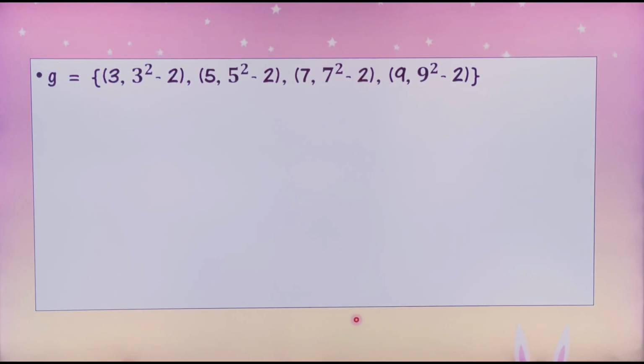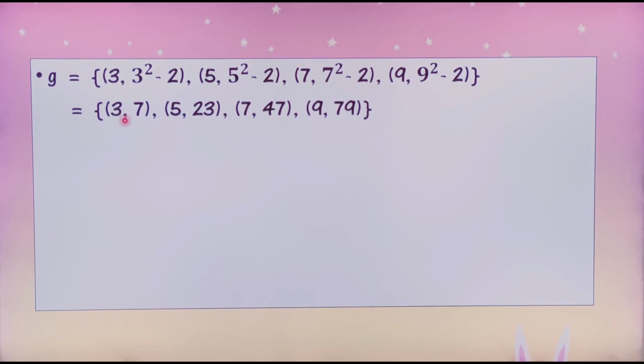Similarly, to find the range of g, use g(x) = x² - 2. Now g is equal to {(3, 3² - 2), (5, 5² - 2), (7, 7² - 2), (9, 9² - 2)}. That is {(3, 7), (5, 23), (7, 47), (9, 79)}.